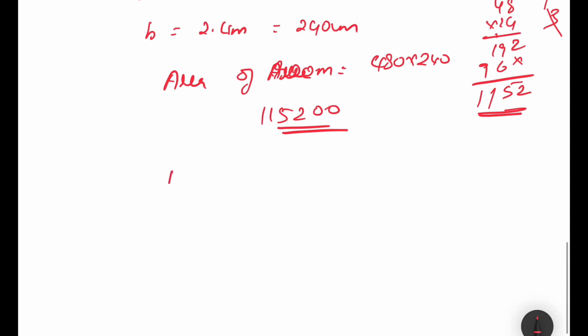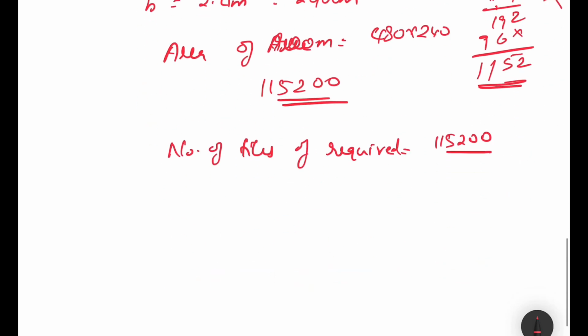So now we need to find the number of tiles required. Number of tiles required will be area of the room divided by area of each tile, right? 1200, so I can cancel this. 1152 divided by 12. 12 nines are 108.